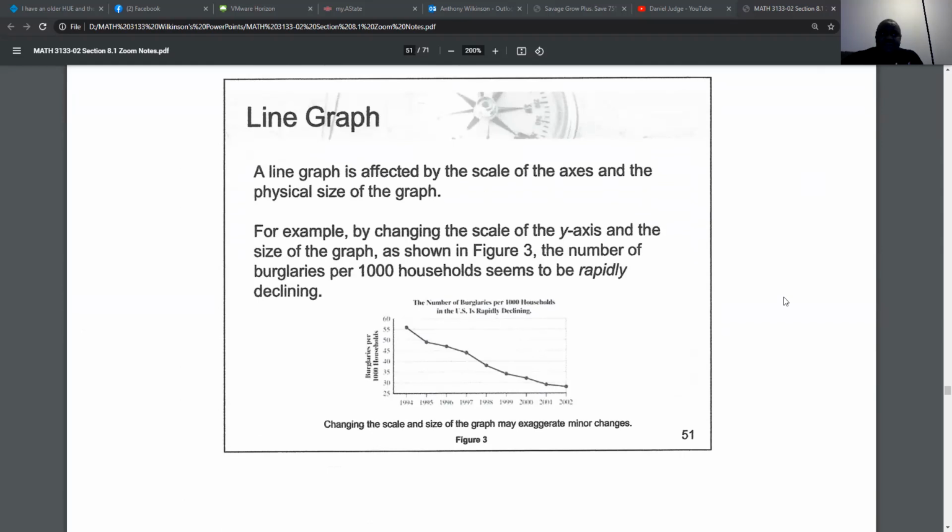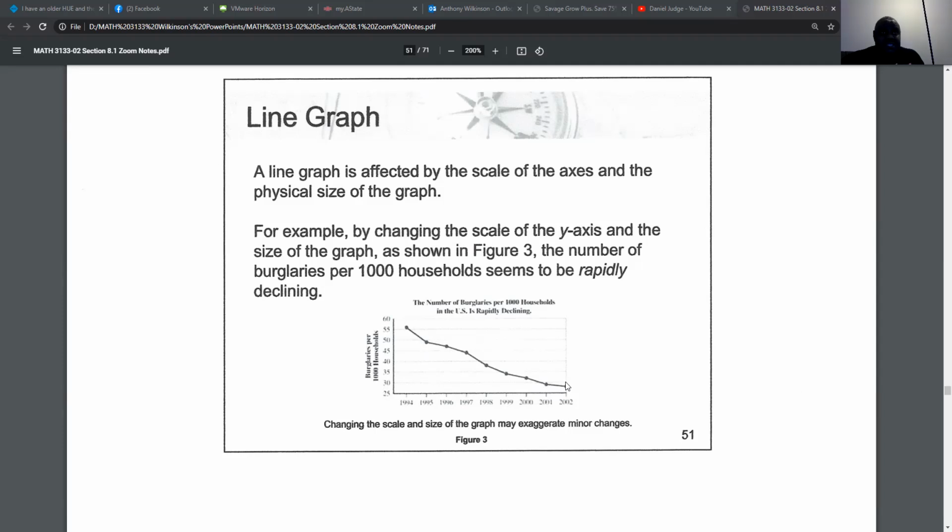The line graph is affected by the scale of the axis and the physical size of the graph. For example, if we were to change the scale of the y-axis, as you can see here, and we were to plot it based on that vertical axis, notice it's still declining, but it seems to be declining at a rapid pace.